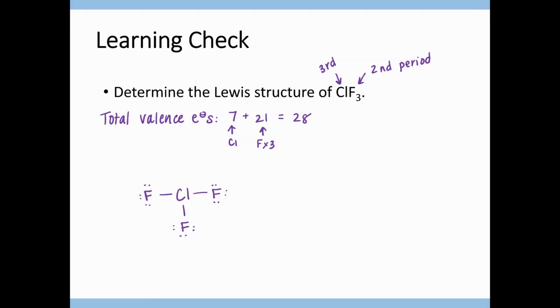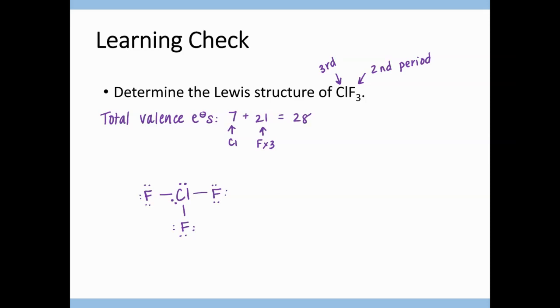We've added as many electrons as we can to fluorine. Fluorine can only hold 8. In our structure right now, we have 24 electrons. So we need to add 4 more to get to the total of 28. We can't add them to fluorine, but we can add them to chlorine as pairs.